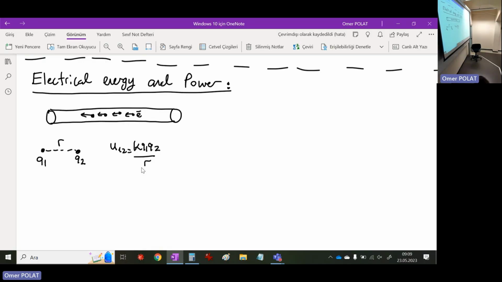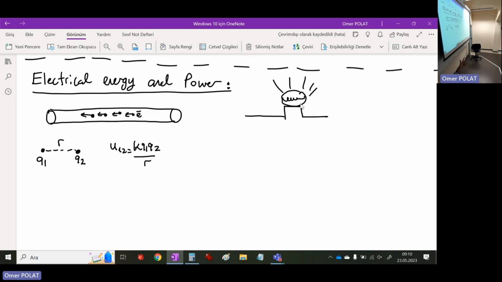So for low energy, for example, this is the case. This is the cable and the resistor. What is this resistor? For example, there's a lamp here, a light bulb. A lamp gives the light.